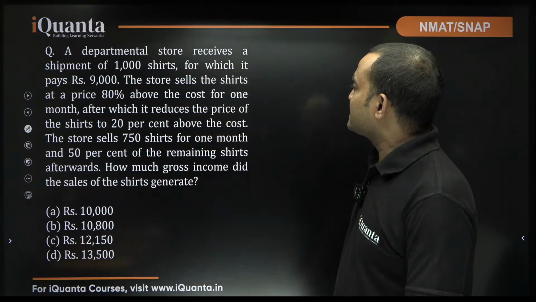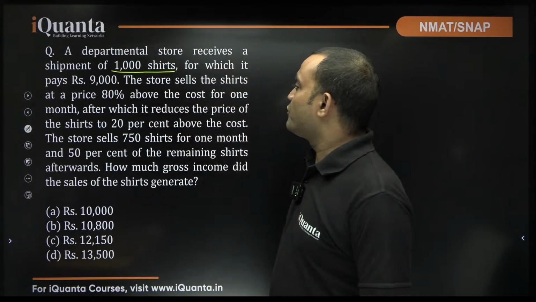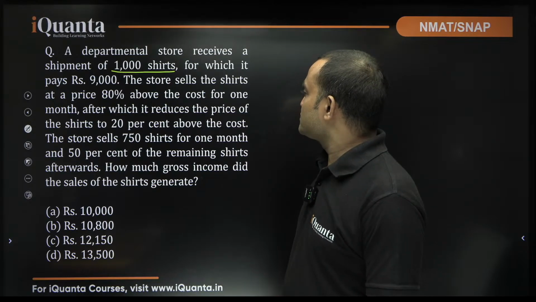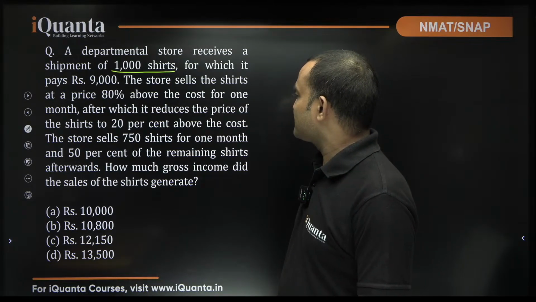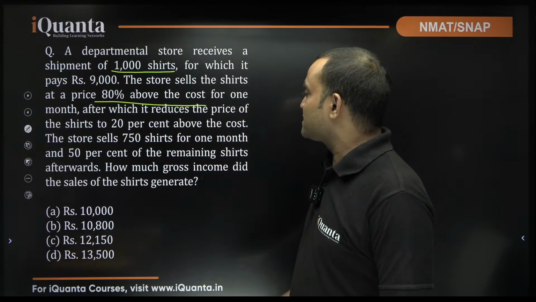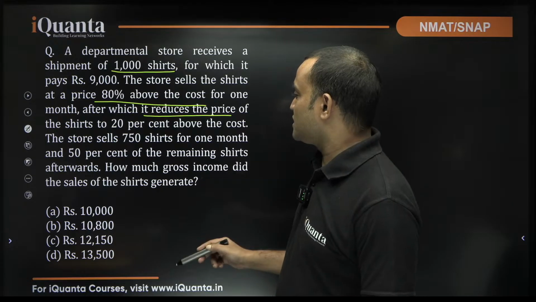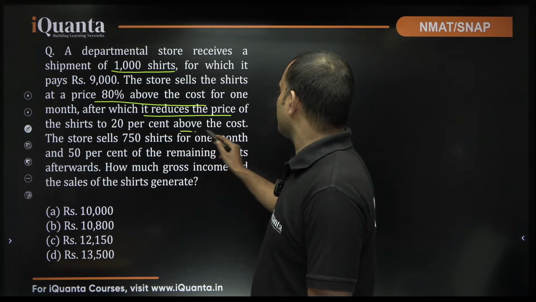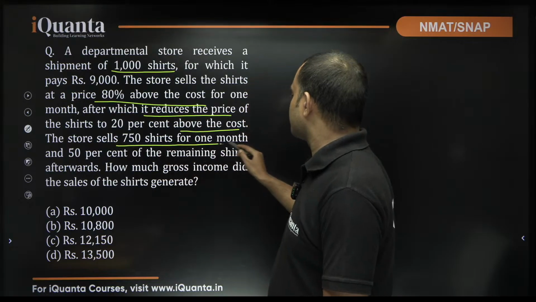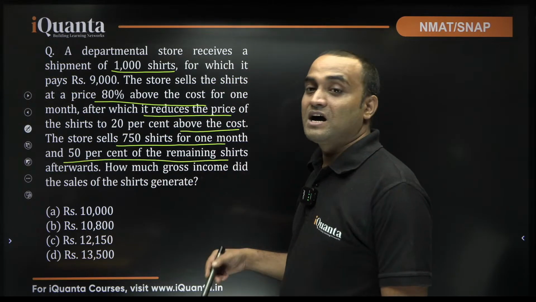A departmental store receives shipment of 1000 shirts for which it pays 9,000. The store sells the shirts at a price of 80% above the cost for 1 month, and after which it reduces the price of the shirt to 20% above the cost. The store sells 750 shirts for 1 month and 50% of the remaining shirts afterwards.